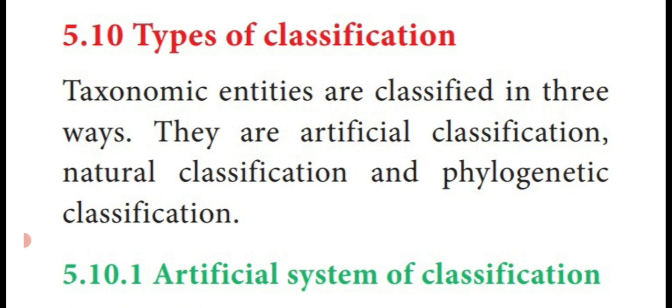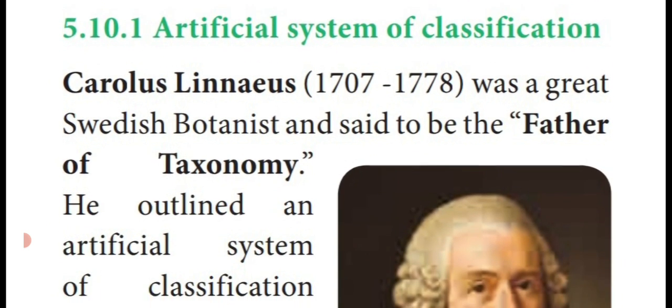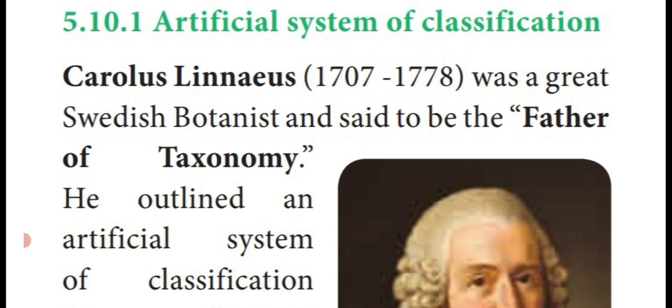One is artificial classification, which is the first formed classification. Second, natural classification. Third, phylogenetic classification or modern classification. Artificial classification is known as ancient classification. First one, the artificial system of classification.